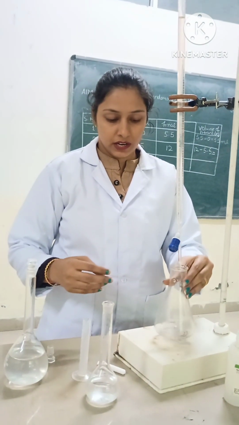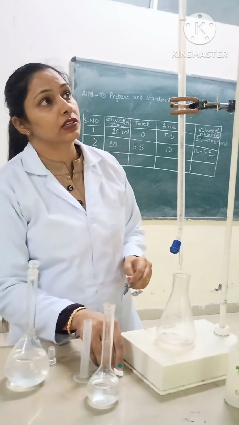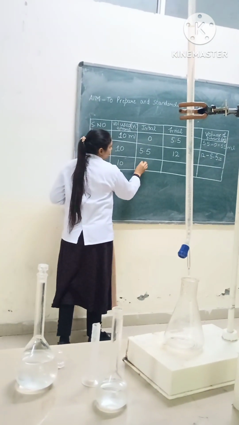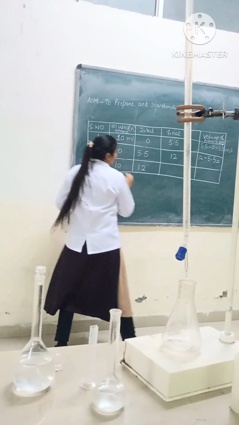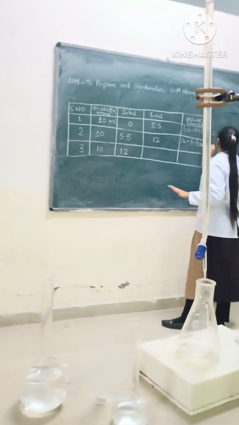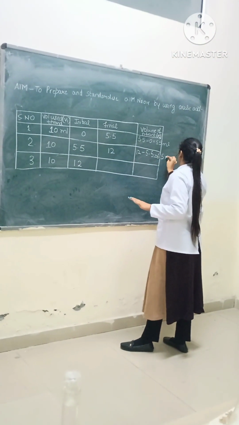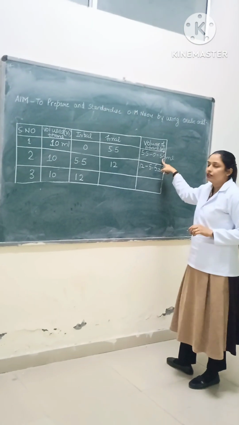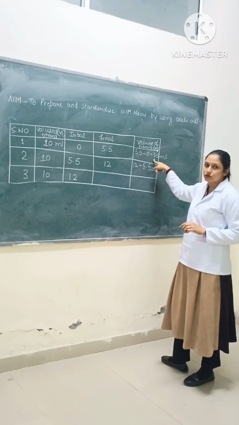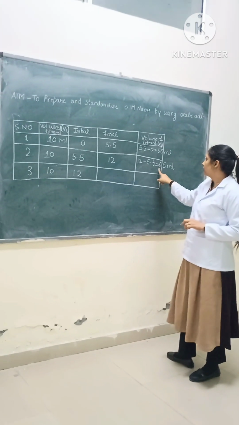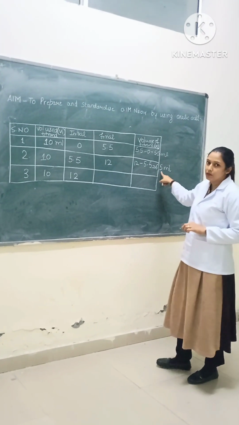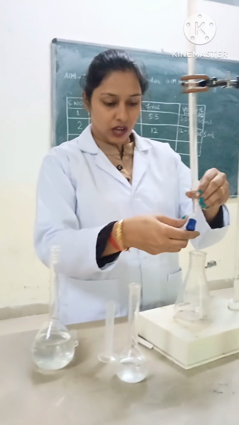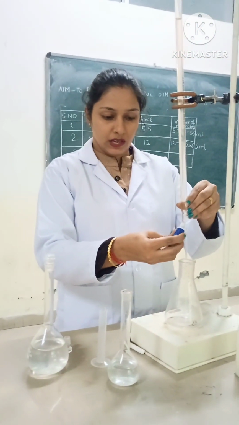Now we will start our titration from 12. This will be our initial reading. The difference is 6.5 ml. In the first titration, our difference is 5.5 ml used, and in the second 6.5 ml is used. Now let's check how much the third titration will take.